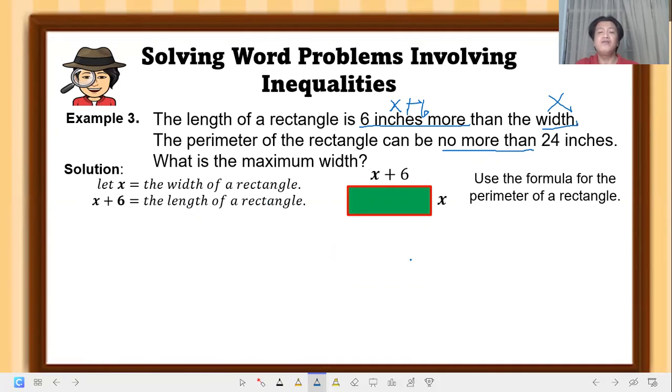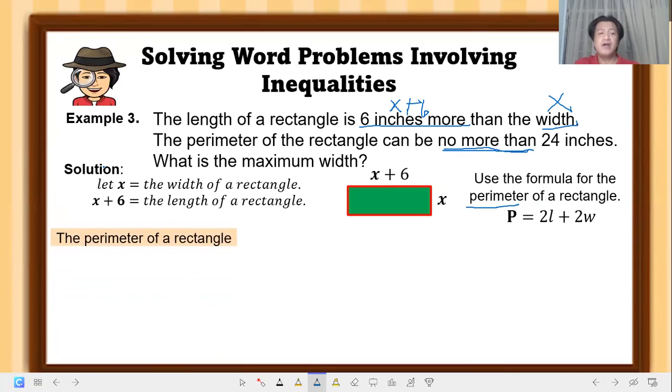And use the formula for the perimeter of rectangle. When I say perimeter, distance around the polygon. Yun yung sum niya. Okay? And we are going to use the formula P or perimeter is equal to 2 length plus 2W. And since nasa inequality tayo, papalitan lang natin to ng symbol of inequality using this representation, no more than.